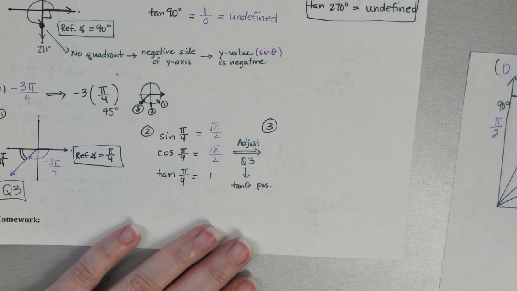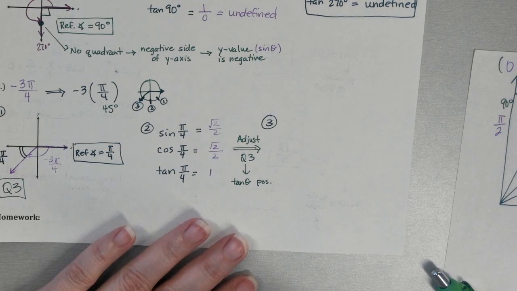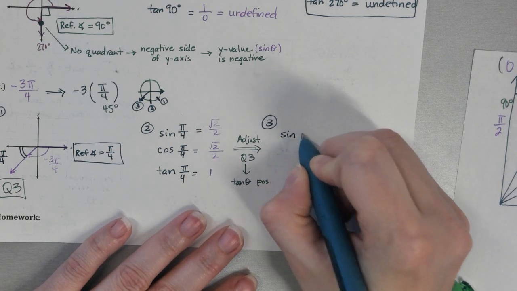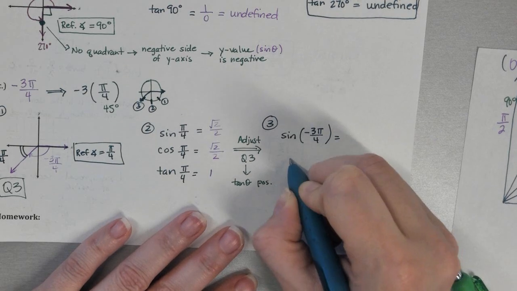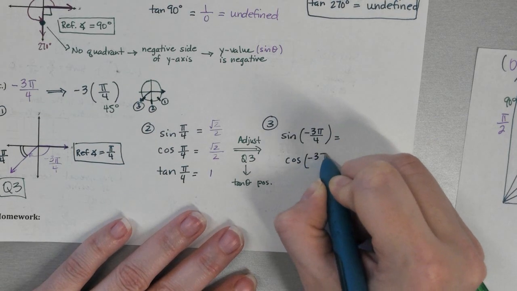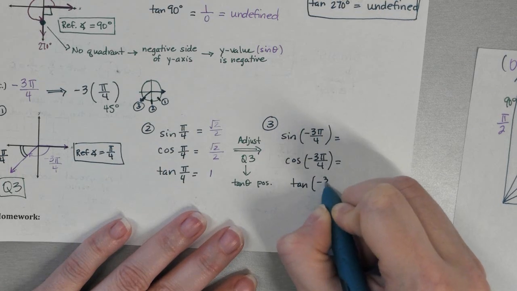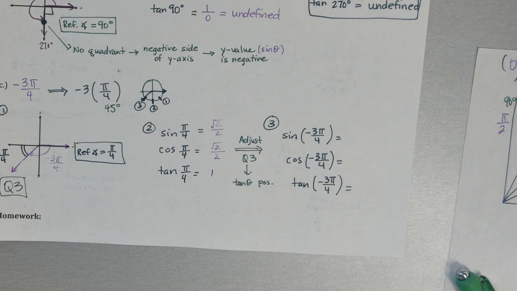Negative. So normally I just write down what is positive and then adjust. So this is sine of negative 3 pi over 4. This is cosine of negative 3 pi over 4. This is tangent of negative 3 pi over 4. Will you guys make those adjustments for me?